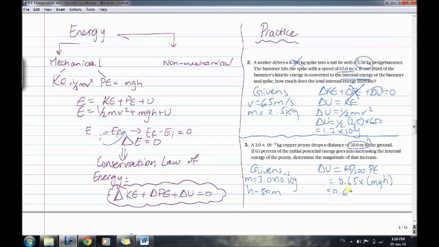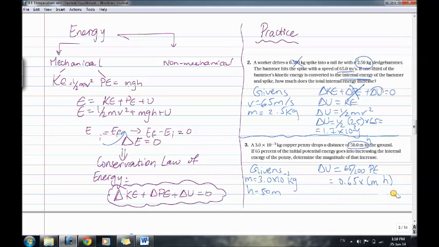Then 0.65 times the mass, which is 3.0 times 10 to the power of negative 3, times the gravity, which is 9.8, or you can make it just 10, and the height, which is 50.